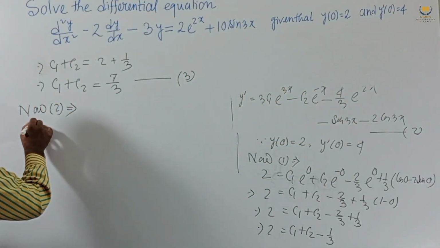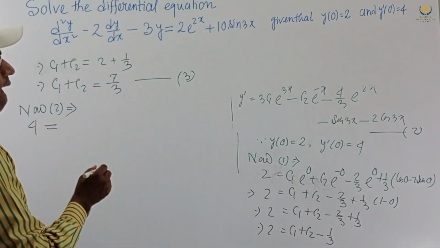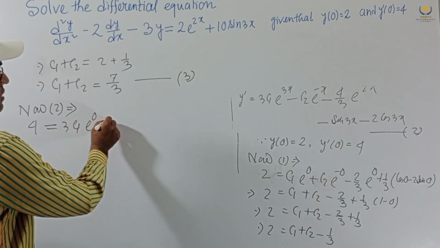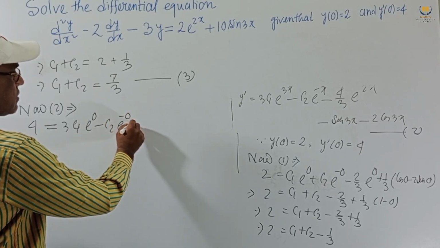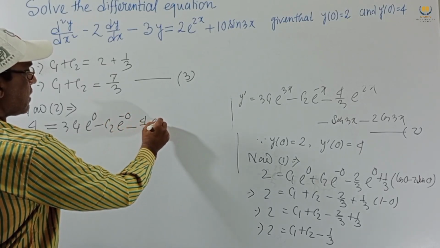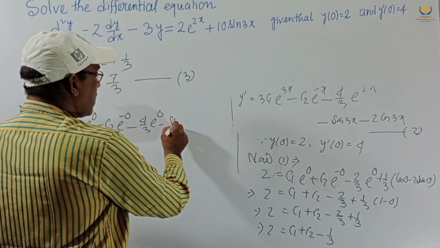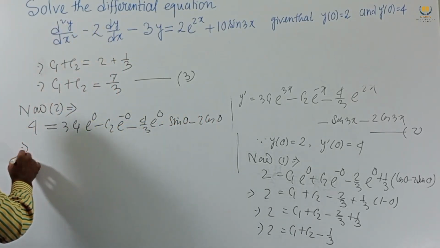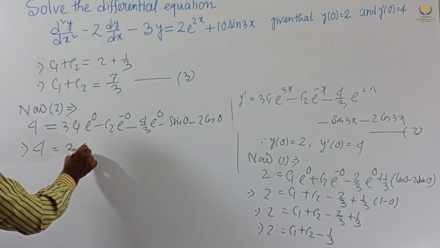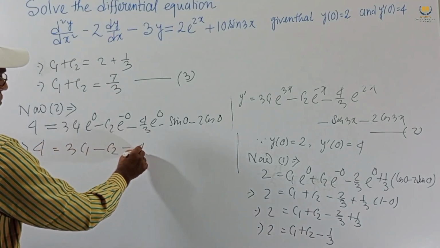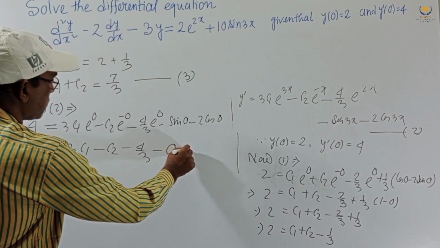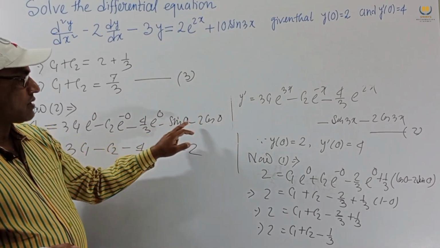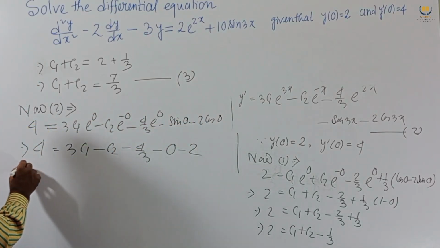This is 4 equal to 3c1 e^0, minus c2 e^(-0), plus 4/3 e^0, minus sin 0 minus 2 cos 0. We get this. This is 4 equal to 3c1 minus c2 plus 4/3 minus 2, since e^0 is 1, cos 0 is 1, sin 0 is 0.